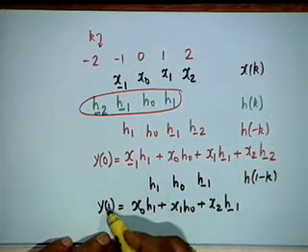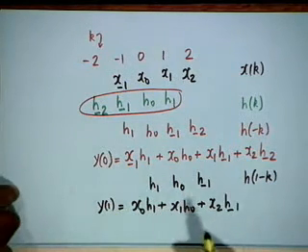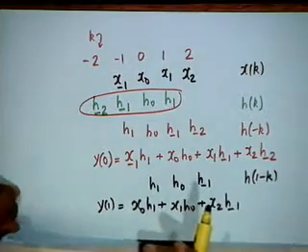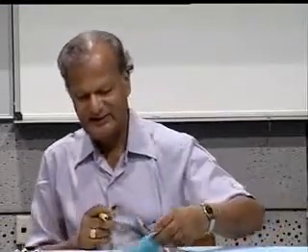Right. If I want to construct y of minus 1, then I shall have to proceed like this. Let me write the x signal first, minus 1, x0, x1, x2.